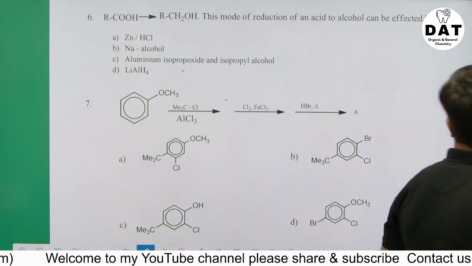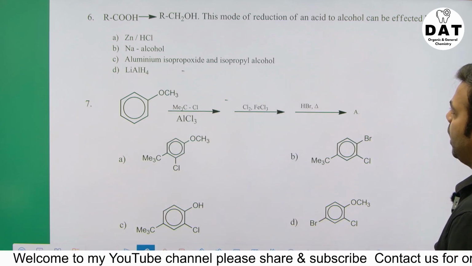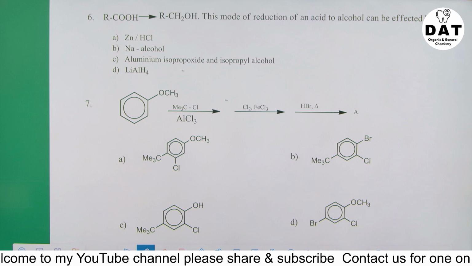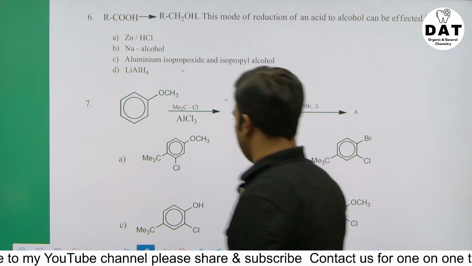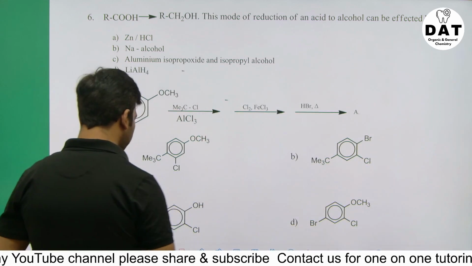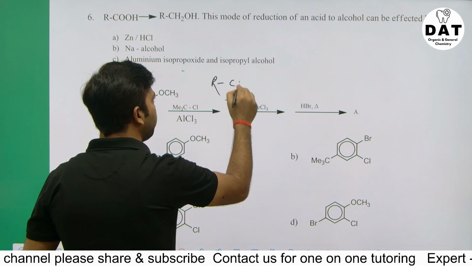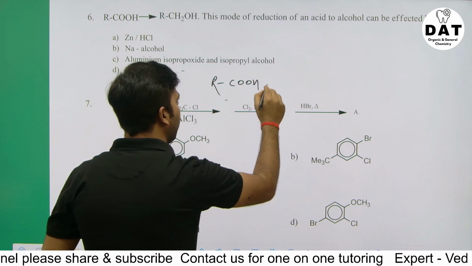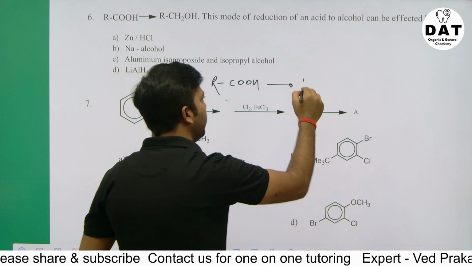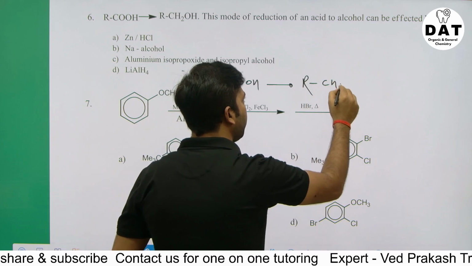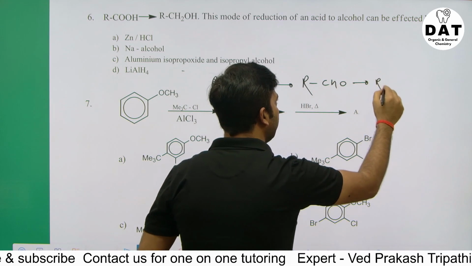It is talking about the reduction of carboxylic acid into primary alcohol. We all knew the reduction reaction. Look at this. This is carboxylic acid. So carboxylic acid is first reduced into aldehyde and then aldehyde is reduced into primary alcohol.